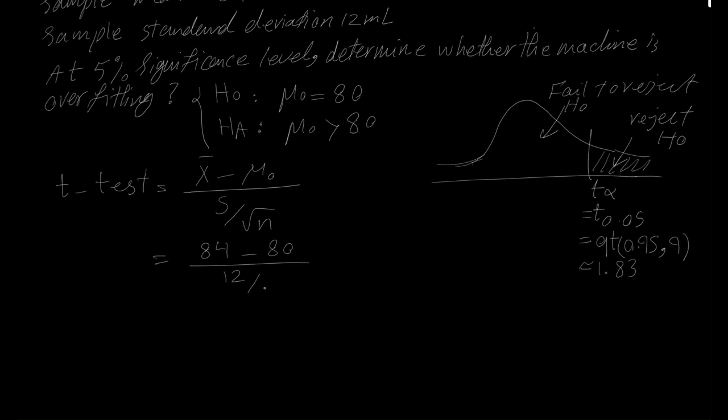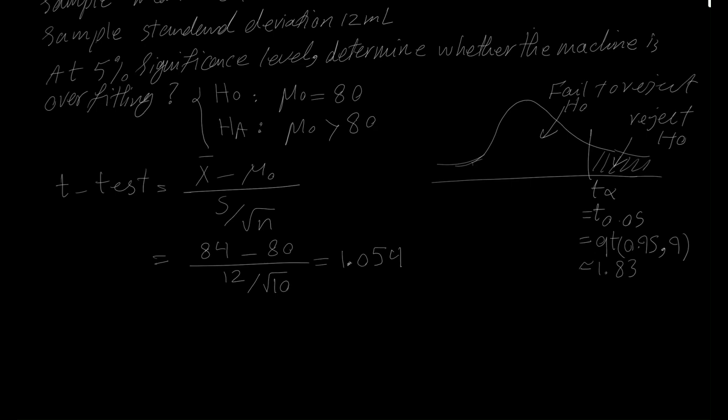So I have a square root of 10, and the statistic is 1.054. 1.05 with respect to 1.83 is smaller. So the test statistic is here, and you see that it is less than T of alpha. So it means that it's in the area where we fail to reject the null hypothesis.